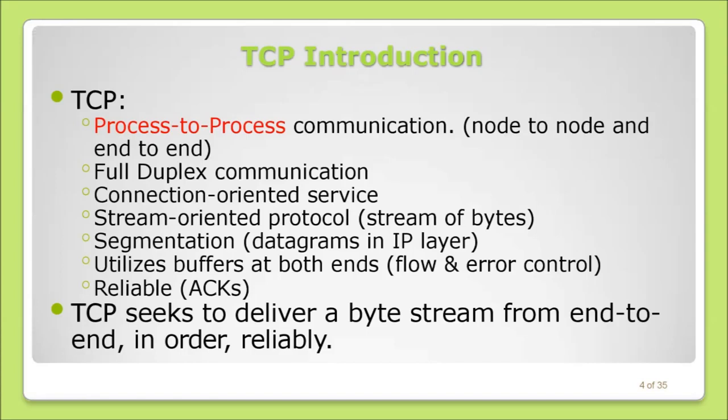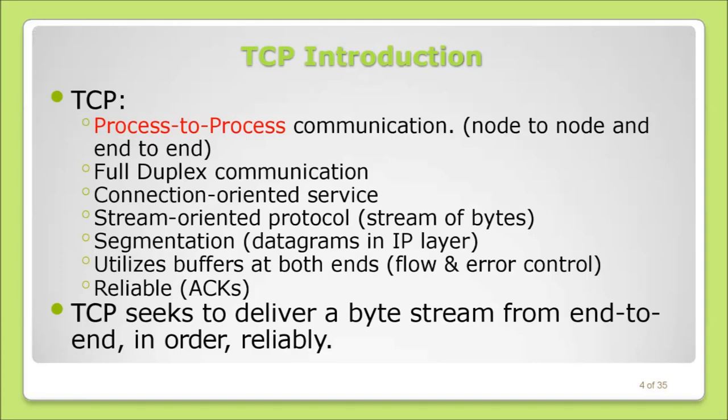It utilizes buffers at both ends, and flow and error control. Because this is used for reliable communication, there must be flow and error control, and for reliability we use the acknowledgement concept. The last point: TCP seeks to deliver a byte stream from end to end, in order and reliably. First of all is in order.